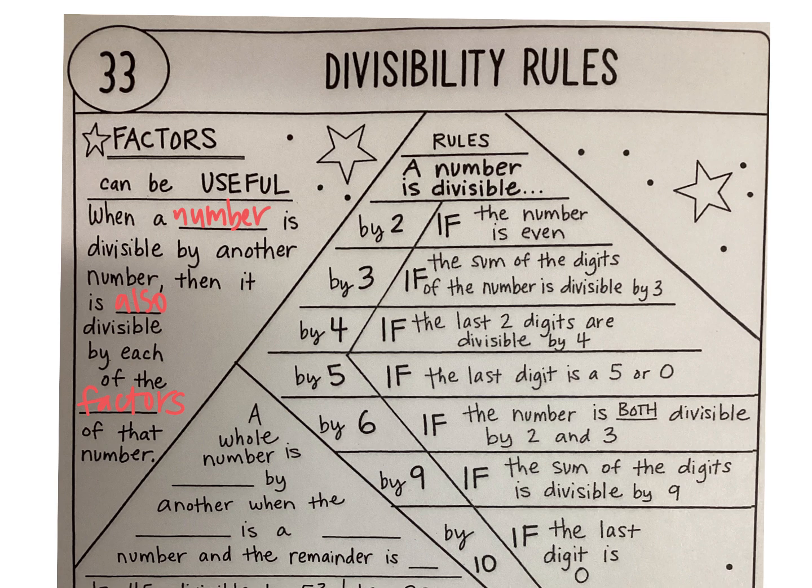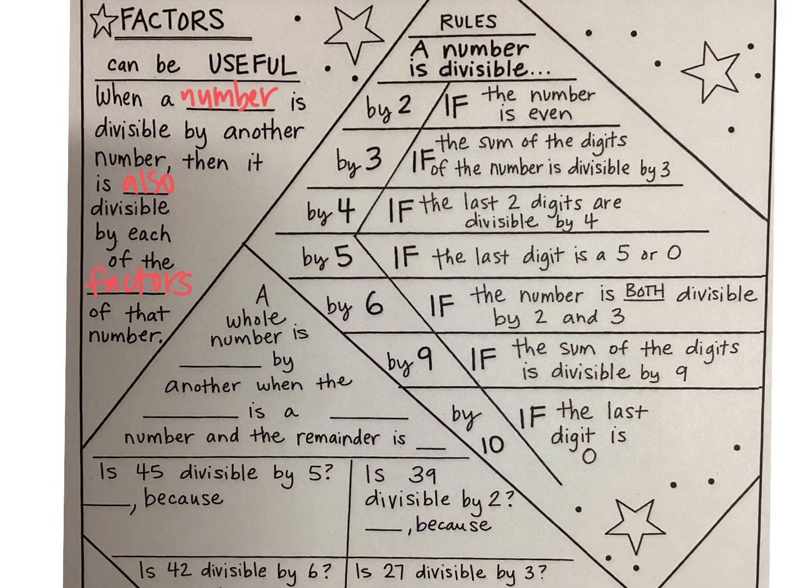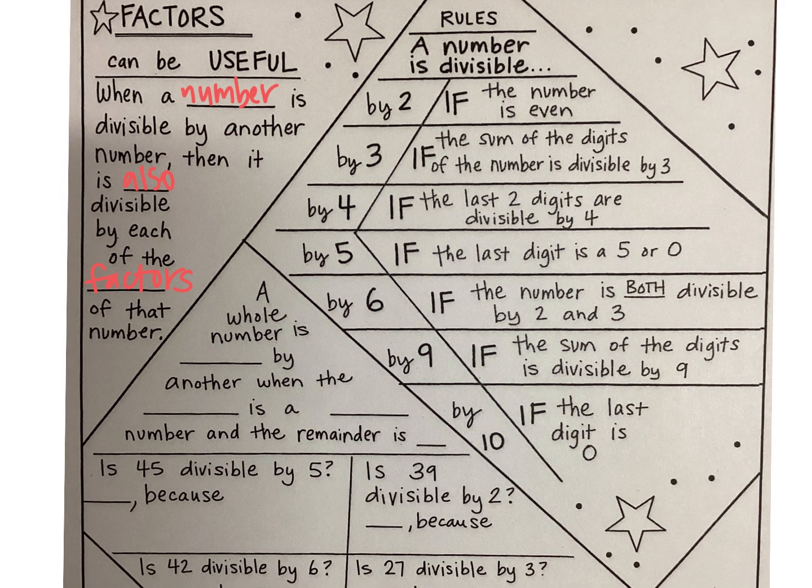Okay? A whole number is divisible by another when the quotient, what's a quotient? Answer to a division problem. So a whole number is divisible by another when the quotient is a whole number and the remainder is 0.